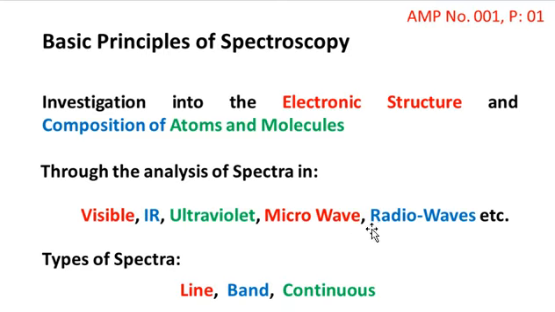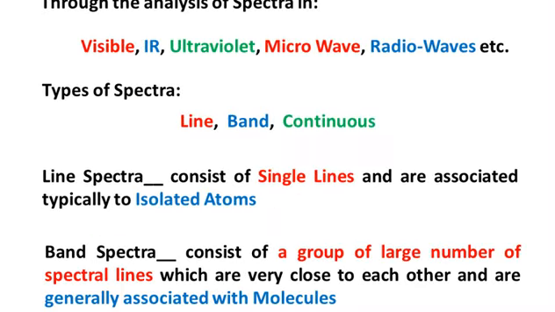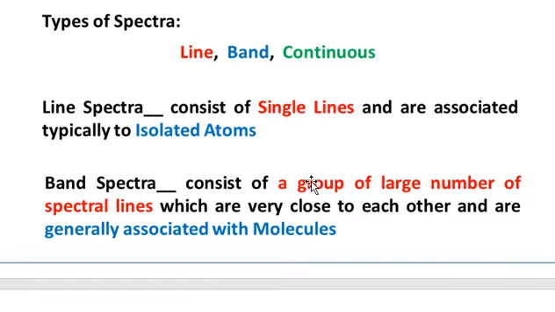So these are the names of the possible spectra, and the types of the spectra are line spectrum, band spectrum, continuous spectrum. The line spectrum consists of single lines and is associated typically with isolated atoms.